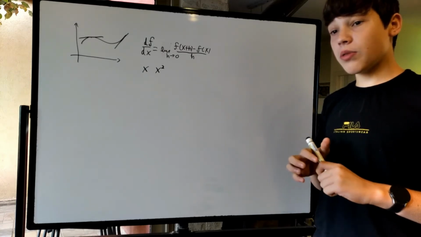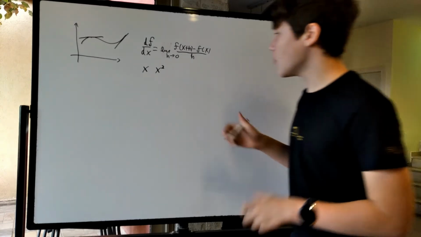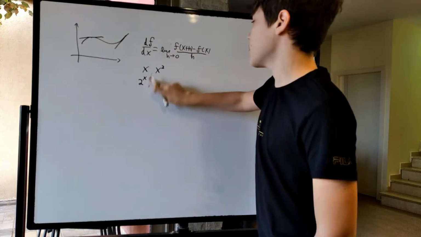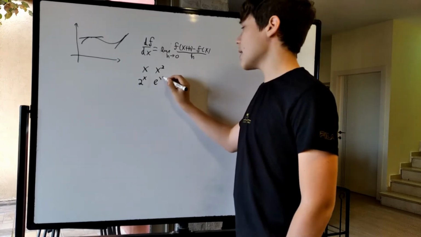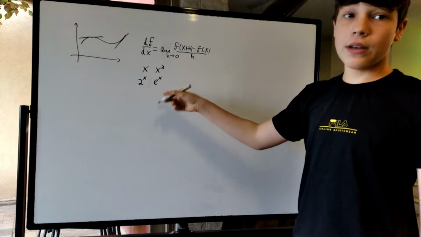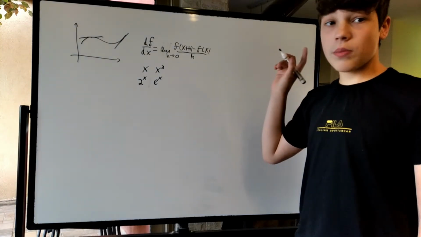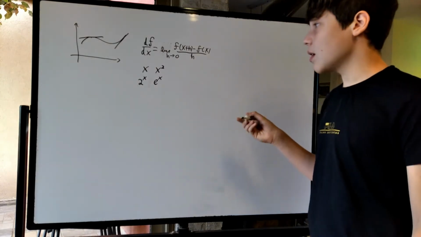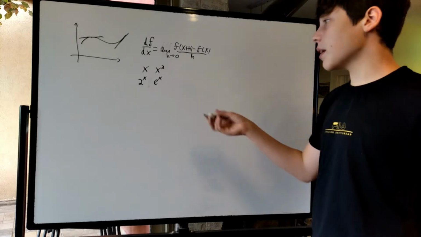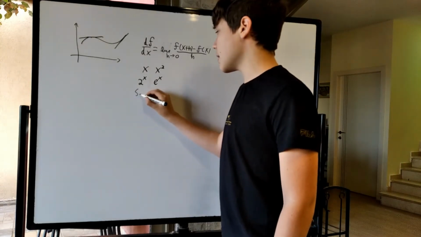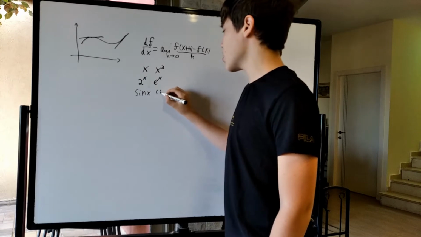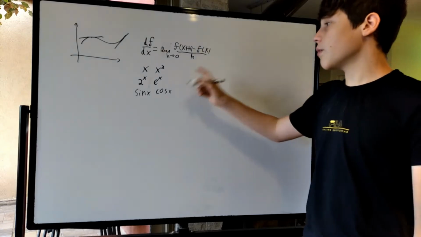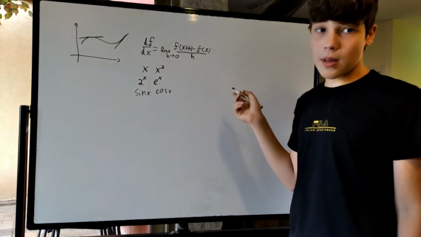And then when you think of more complicated things, you can think about exponents, so 2 to the x, or maybe e to the x even, which has the property that its derivative is equal to itself. And maybe you can then think about trigonometric functions, so things like sine x or cosine x. And these you can find the derivatives for with this formula.